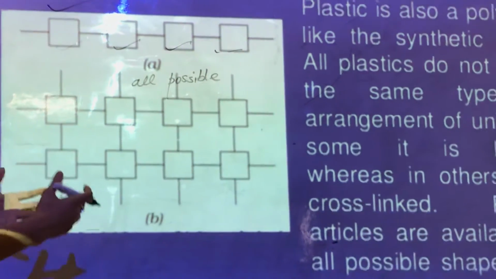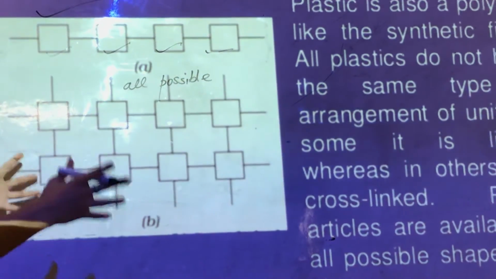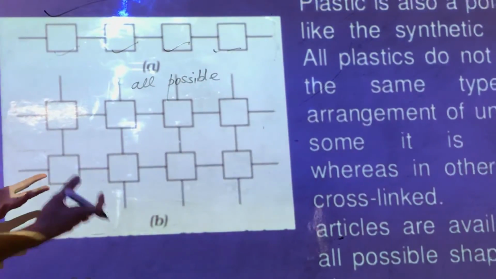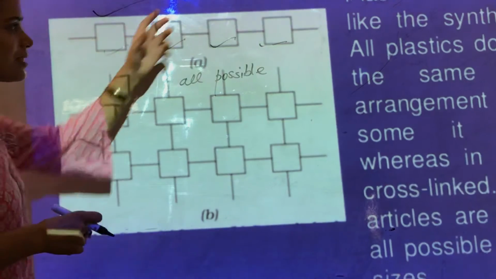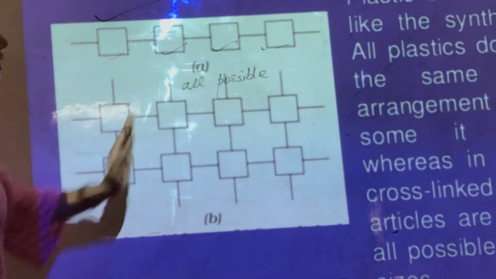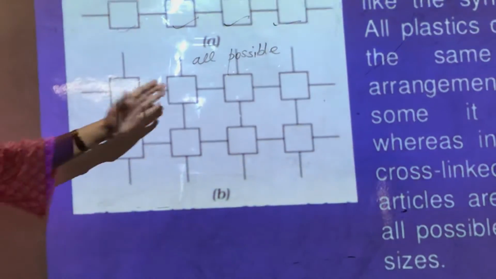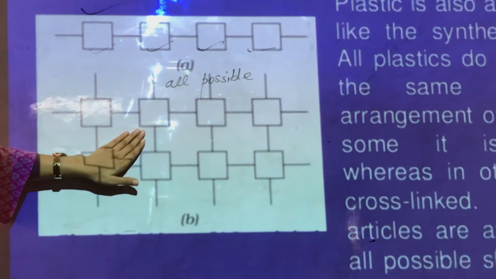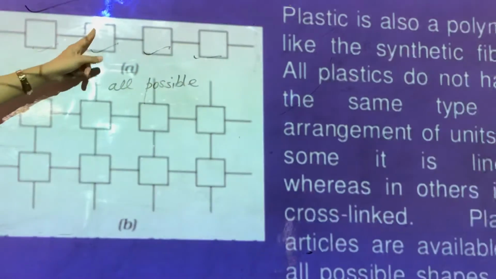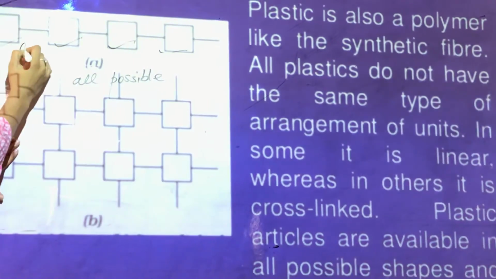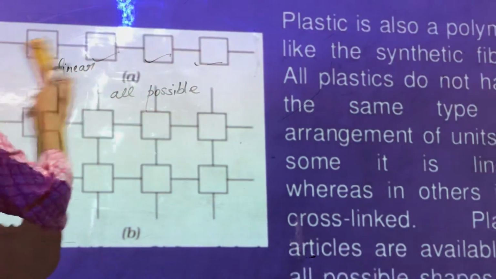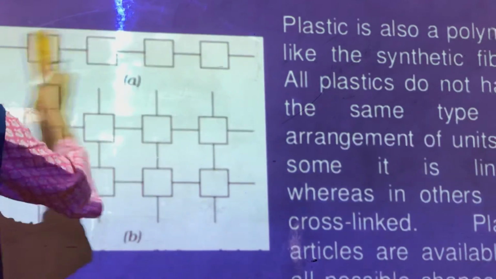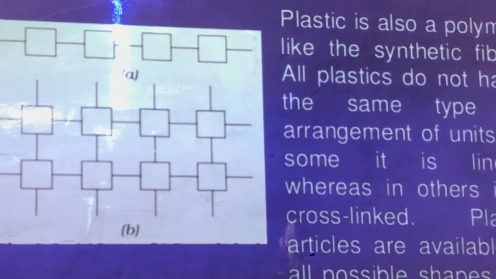In all the objects that we use in our daily life, somewhere or the other plastic is present. So plastic is also a polymer like the synthetic fiber. All plastics do not have the same type of arrangement. In some it is linear and in some it is cross-linked. We will study about plastics in today's class also.